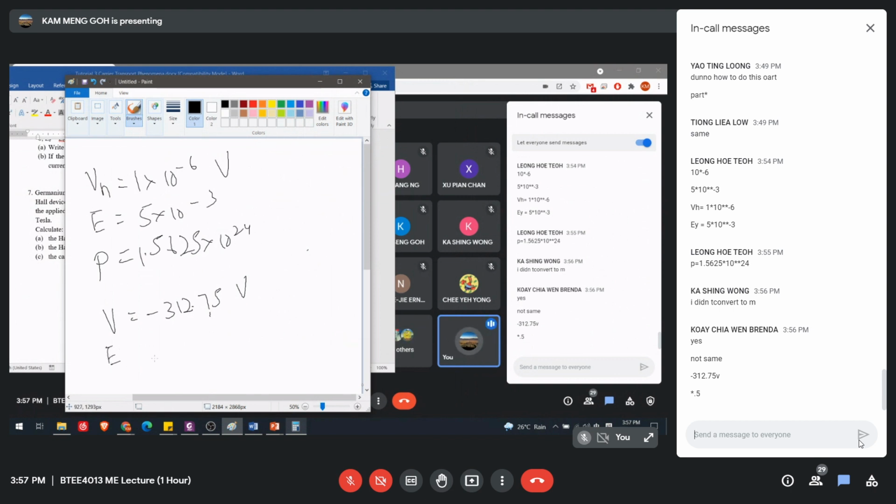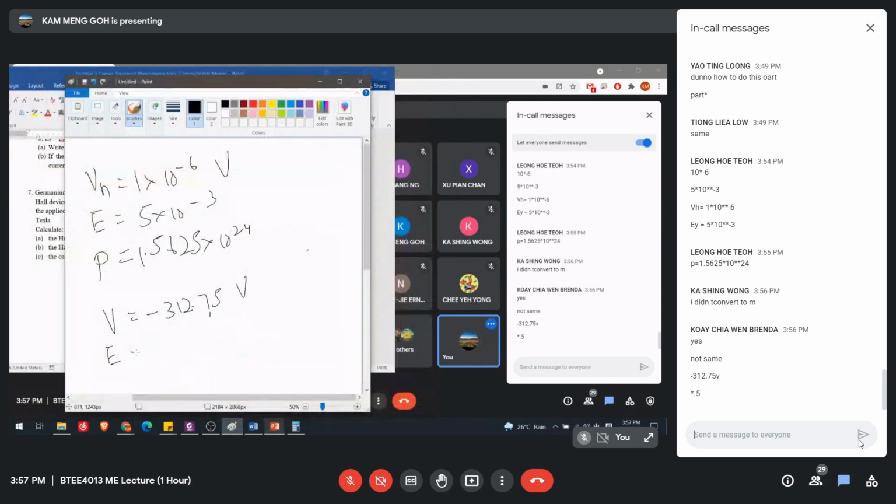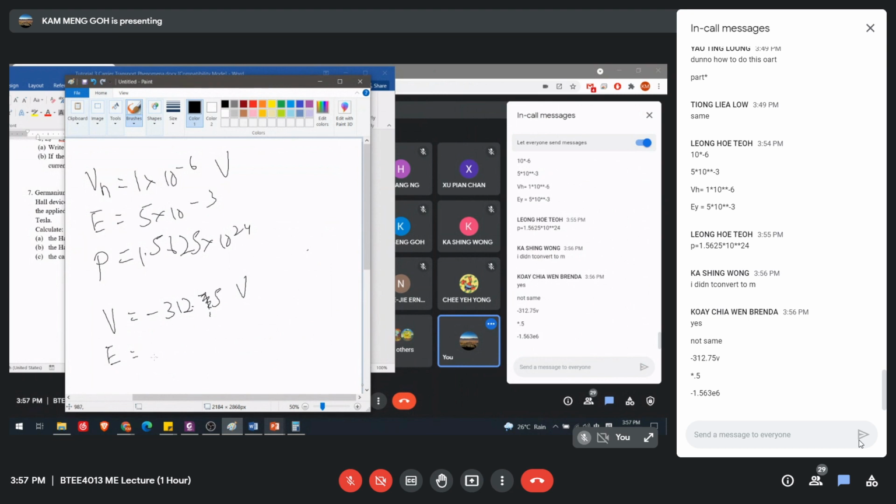By the way, to calculate this E, the Hall field, you need to use the formula of this one, E equals VH over W. Then your E is -1.53563 times 10 to the power of 6.